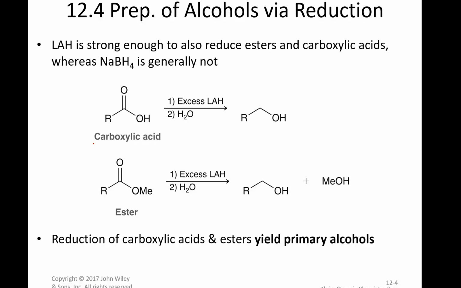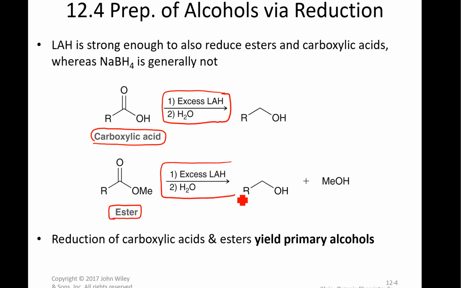We can also produce alcohols through the reduction of a carboxylic acid or an ester. Both of these require the stronger of the reducing agents, so you absolutely have to have lithium aluminum hydride. In this case, sodium borohydride would not be strong enough to reduce either a carboxylic acid or an ester. And the product in both cases is a primary alcohol.